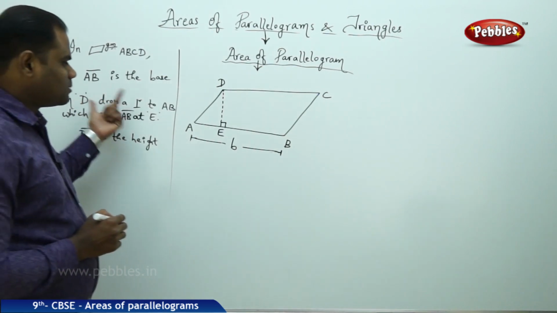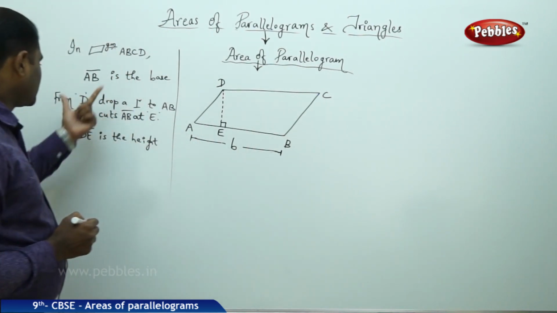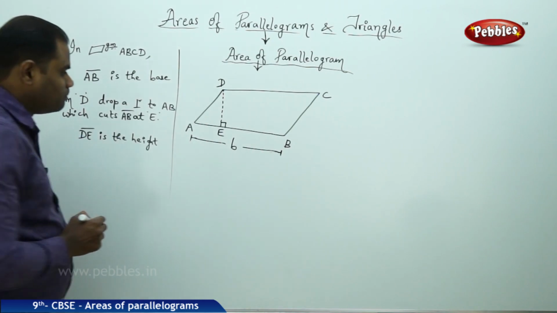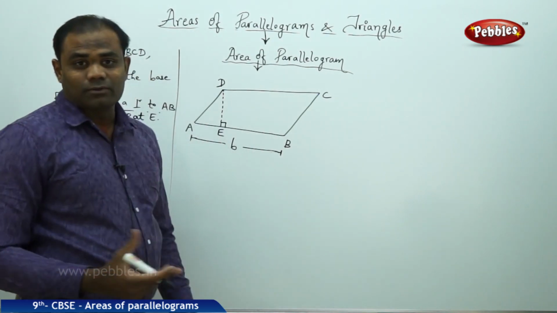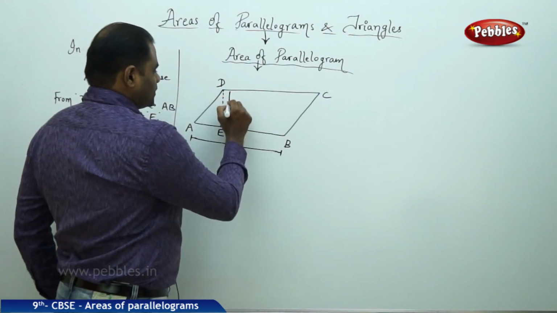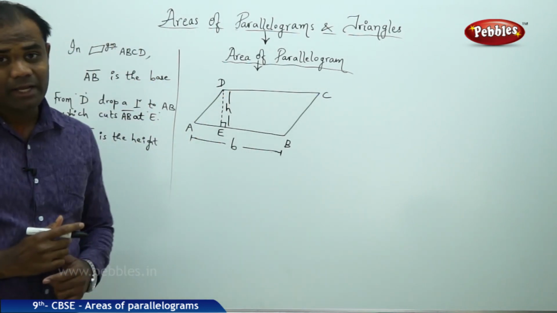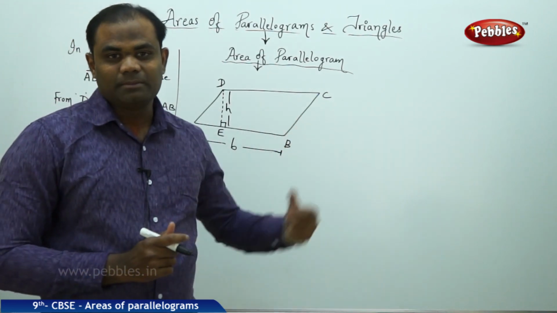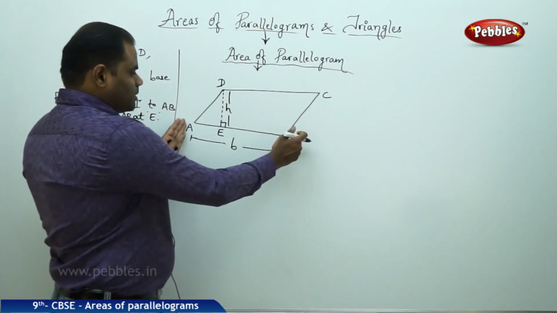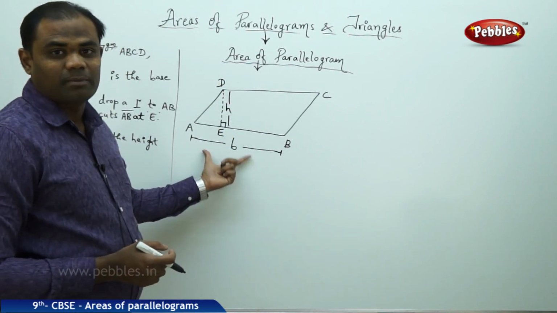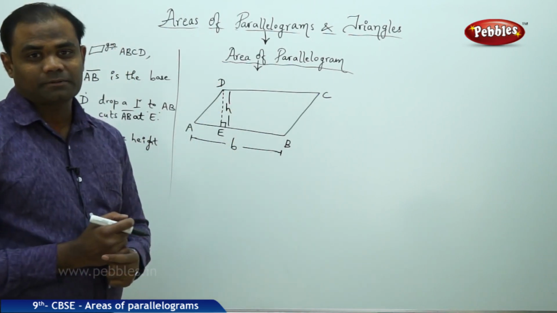So AB is the base and DE is the height. The base is denoted by B and the height is denoted by H. B stands for base and H stands for height.